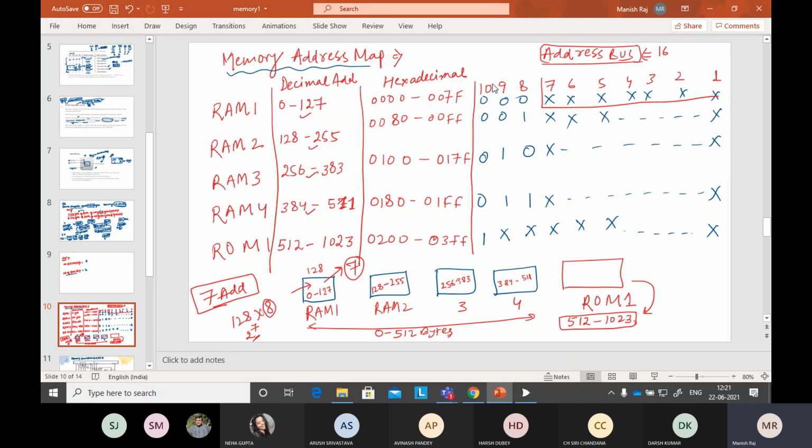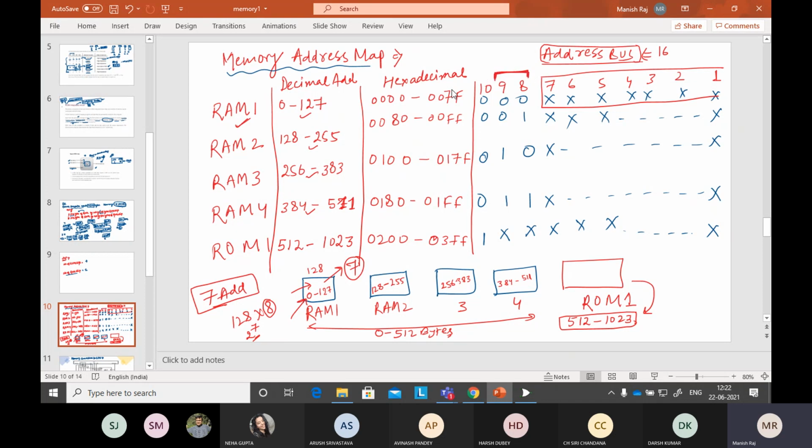So you can see here in the address bus, up to the 7th address bus, this cross is the address bus. There can be any value in the address bus. Now I am selecting the ROM 1. How can I tell that I am selecting ROM 1? I am using these two bits for selecting the chip.